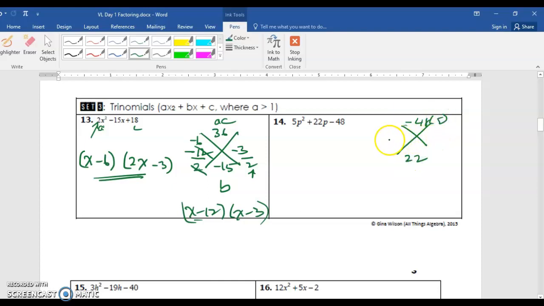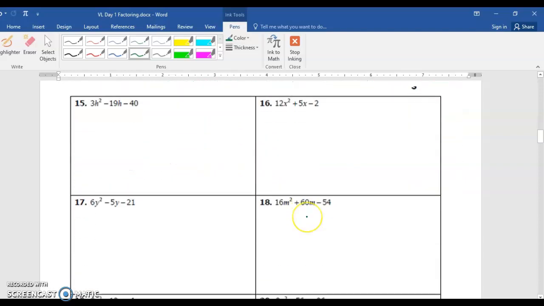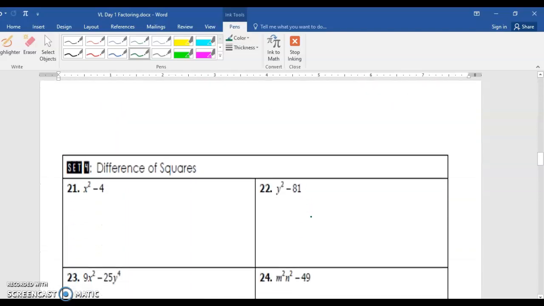So the factors here are negative 30 and 8, but you have to divide by 5 and you will get negative 6 here. So this is p minus 6 times 5p plus 8. Okay, so that's the deal with anything other than 1.